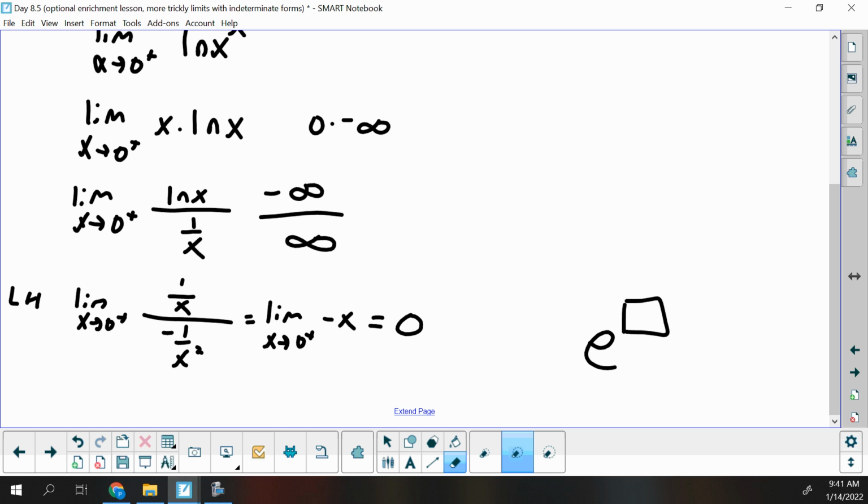But we still got to do e raised to, so our answer is really e raised to the 0, or in other words, 1. So don't forget at the end, again, to do the e raised to, because we're just finding the limit of the exponent.